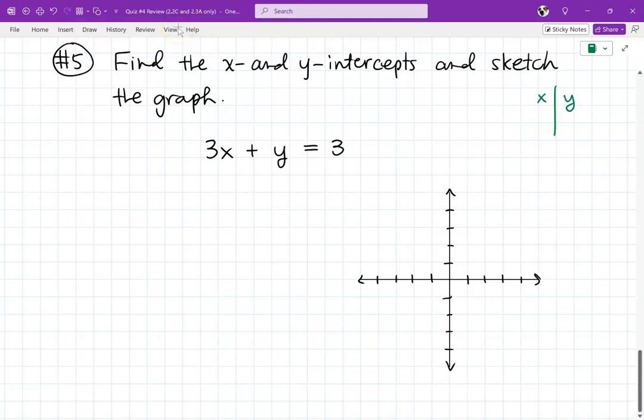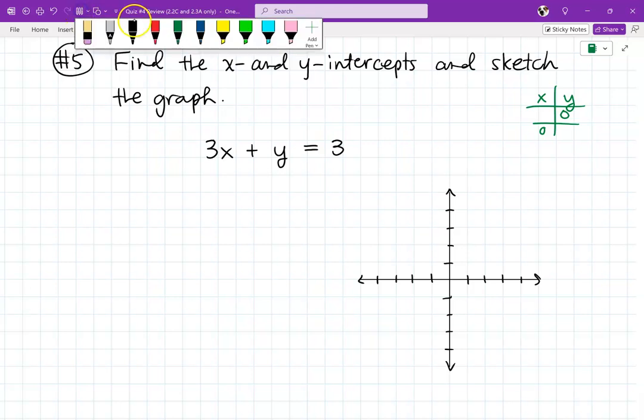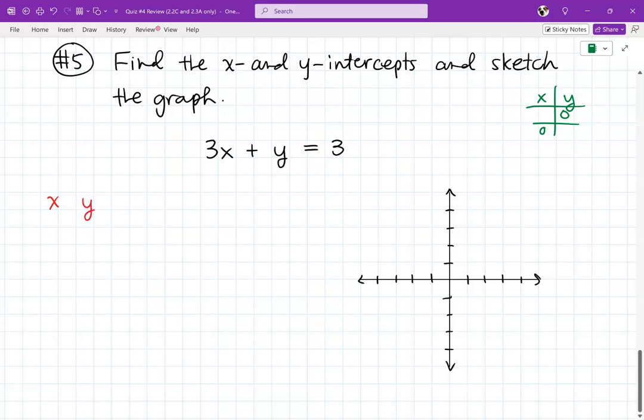This is what it should look like. It doesn't have to, but this is the easy way to say, okay, the first one I do is the x-intercept, the second one is going to be the y-intercept. That's why I do it that way. It's not that that's the only way, it's a way that works. All right, so here we go.